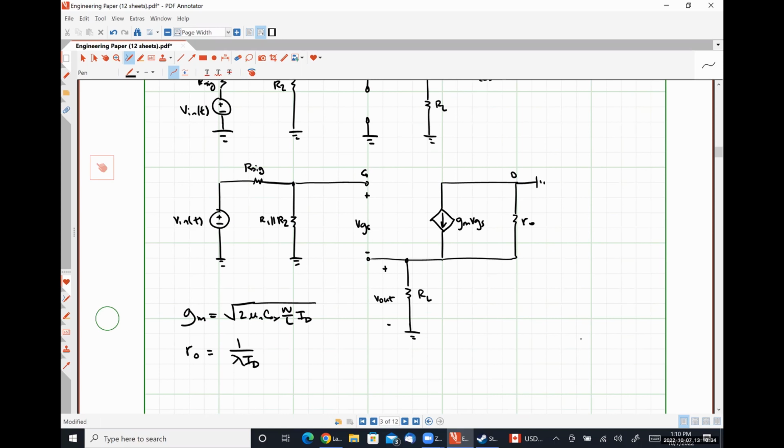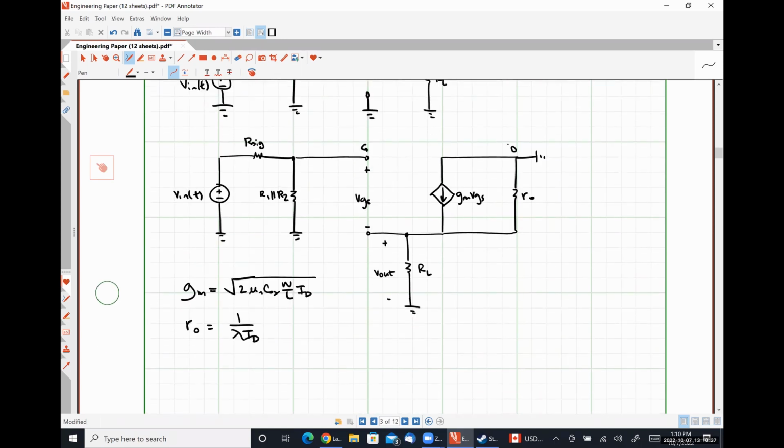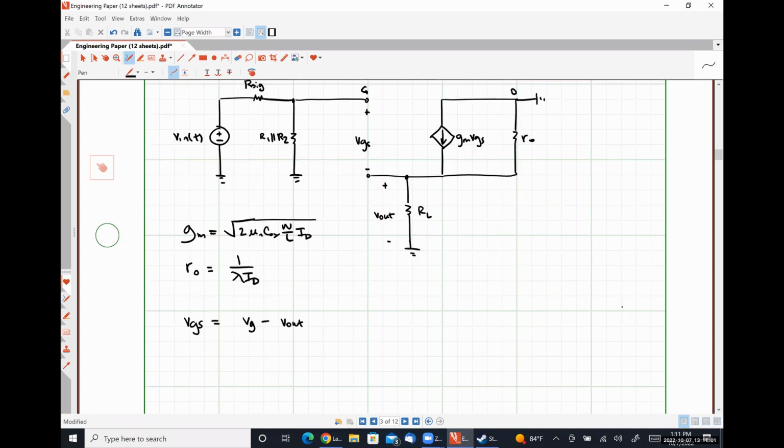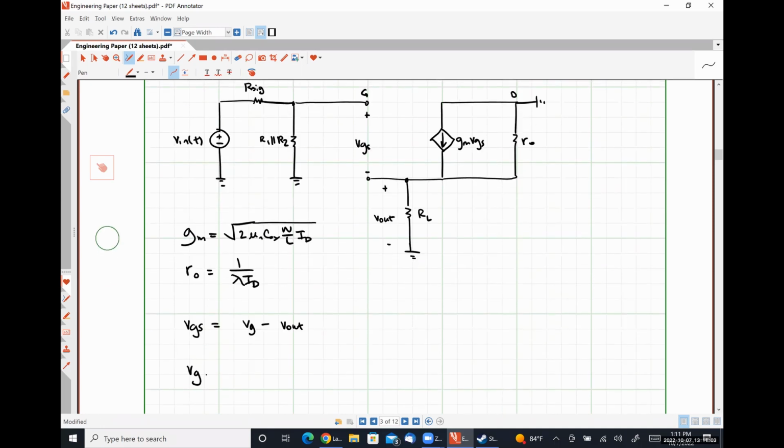We can see by inspection that the voltage VGS is simply equal to the voltage present at our gate node minus the voltage present at our output node. VG, in turn, is defined from a simple voltage divider relationship.